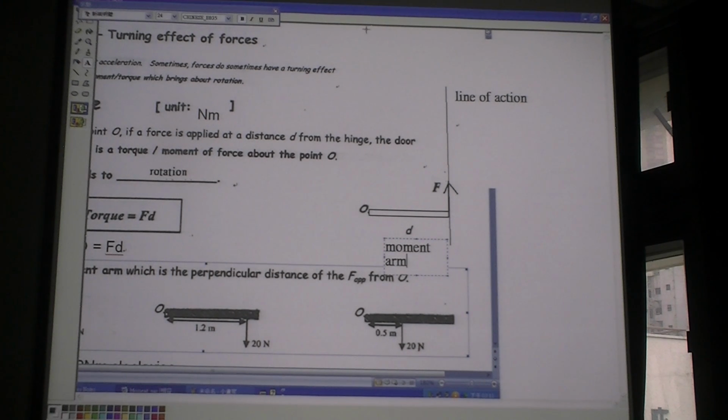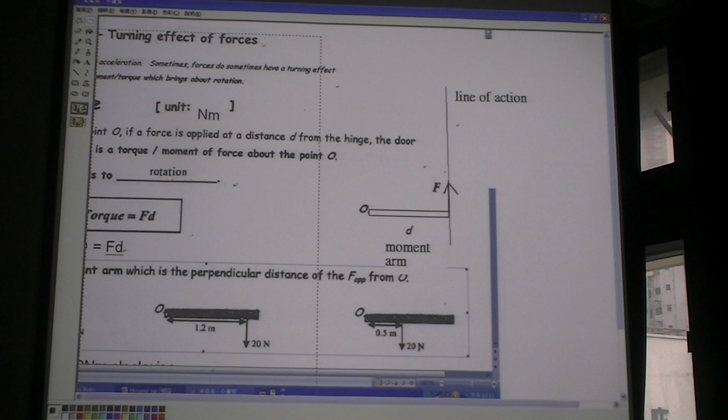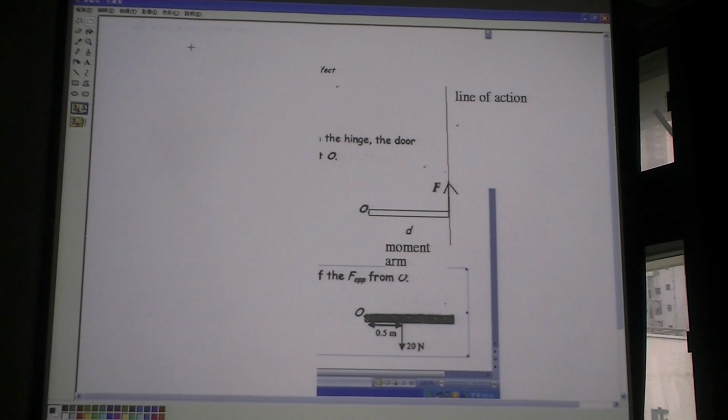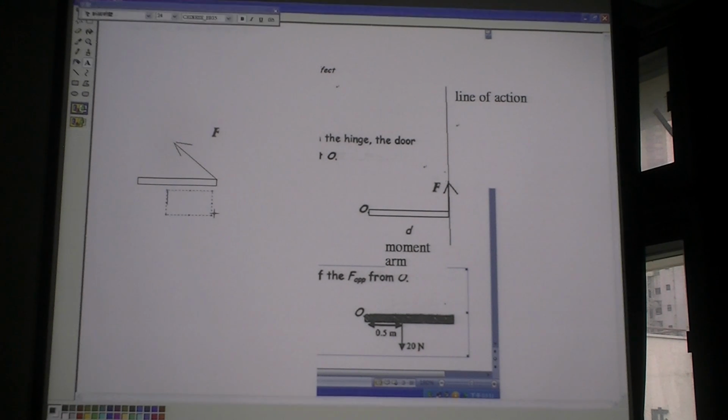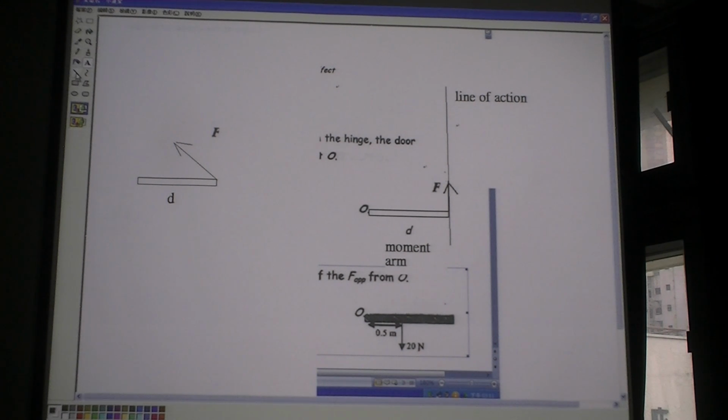Okay, so let's take another example. If we have a force F here, although this distance may be called D, now the moment arm is not D. So what is the moment arm?